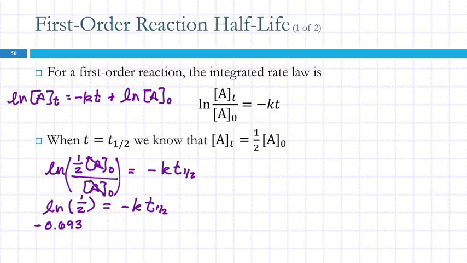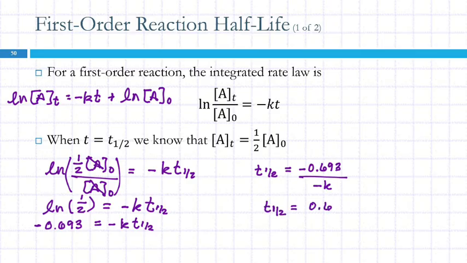So negative 0.693 is equal to negative K times T1/2. T1/2 then is equal to negative 0.693 divided by negative K. T1/2 equals 0.693 over K.